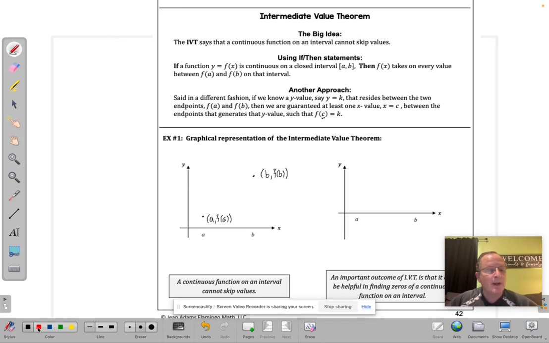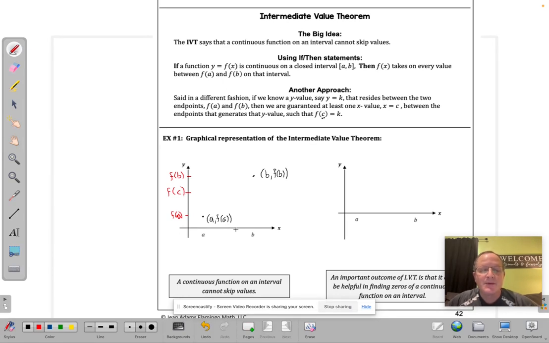So let's say in between we have some value c. There's f of a and there's f of b. So here's f of a, and then f of b. And f of c is in between.